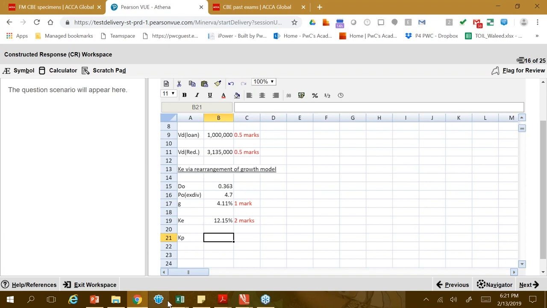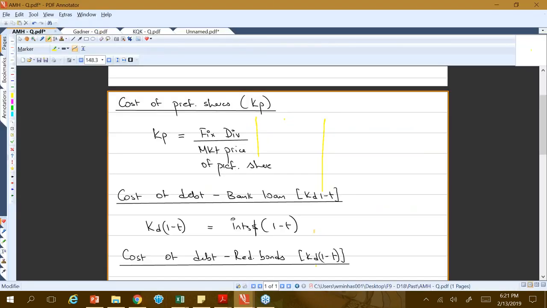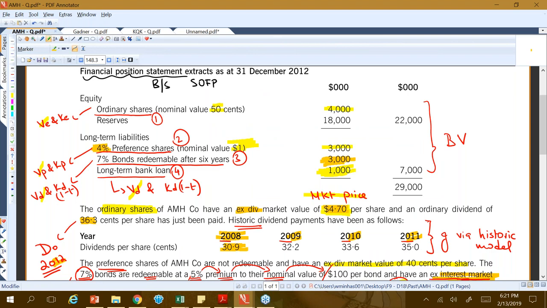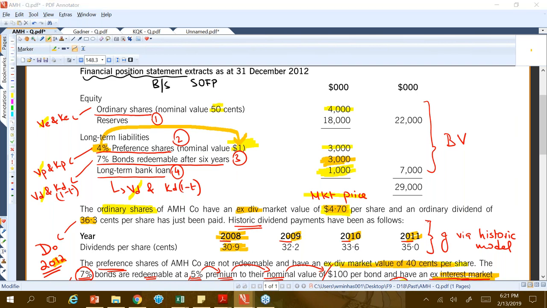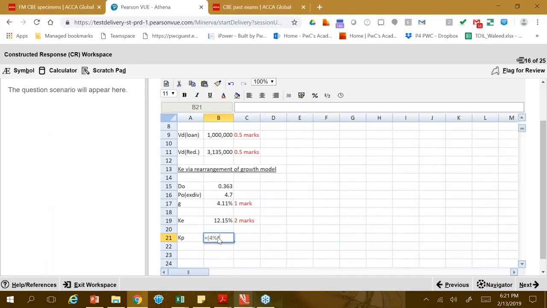So what is the fixed dividend here? Well, the fixed dividend here is basically the 4%, so 4% on a nominal value of $1. And remember, the market price of these preferred shares was 40 cents. So 4% on $1 over the market price, which is 40 cents.